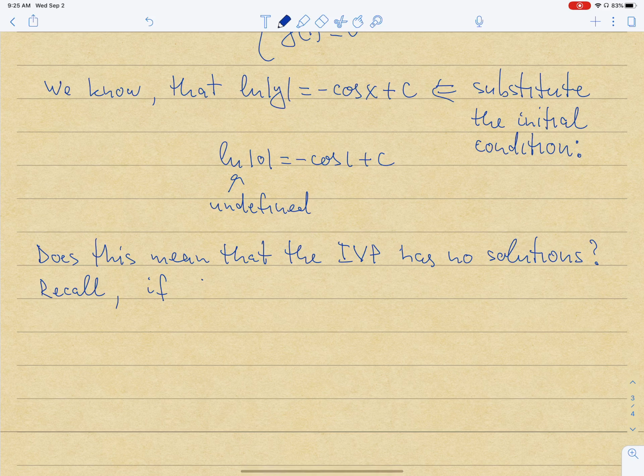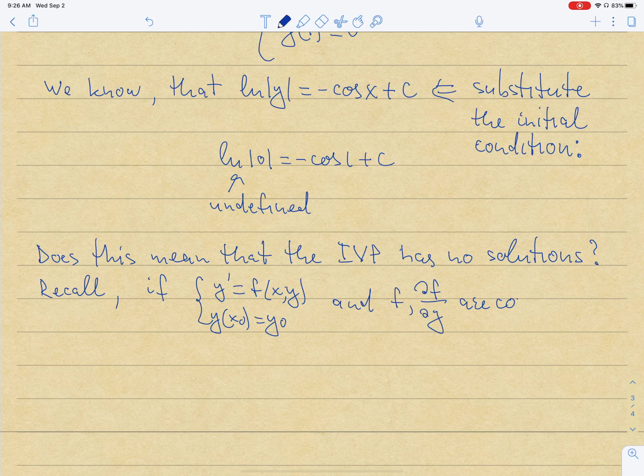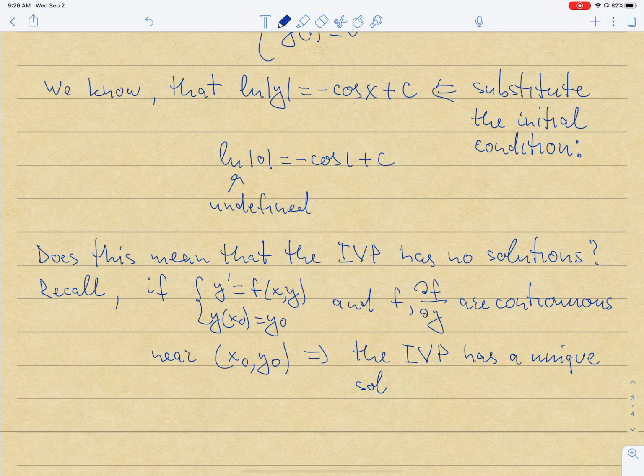If I consider an initial value problem, y prime equal to f of x, y, y of x0 is equal to y0, and if I know that f and df dy are continuous near x0, y0, then the initial value problem has a unique solution, right?